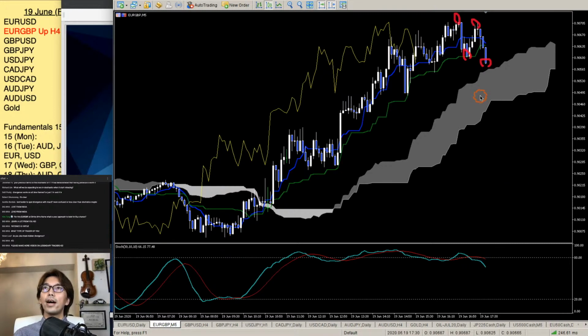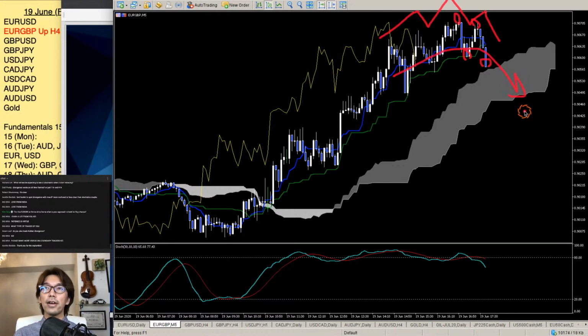So this is somewhere that I won't look for the buy chance anymore, because this is trending downwards, and we can see a shape looking like a head and shoulders or a double top here. So this might be a reversal to the downside right here.